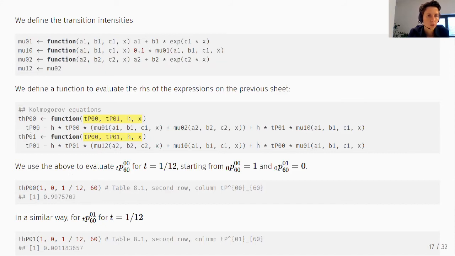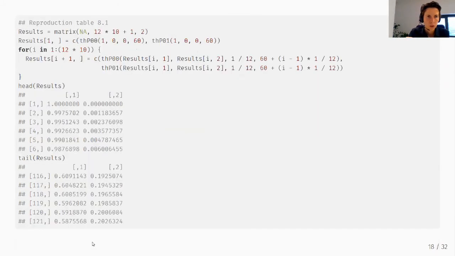I call the second function over here, and I indeed get the value reported in the book. So that seems to work, right? Putting it all together, I now, of course, want to do this repetitively so that I can say, well, in 10 years from now, what is the probability, etc., etc. So that's what you see on the next sheet.